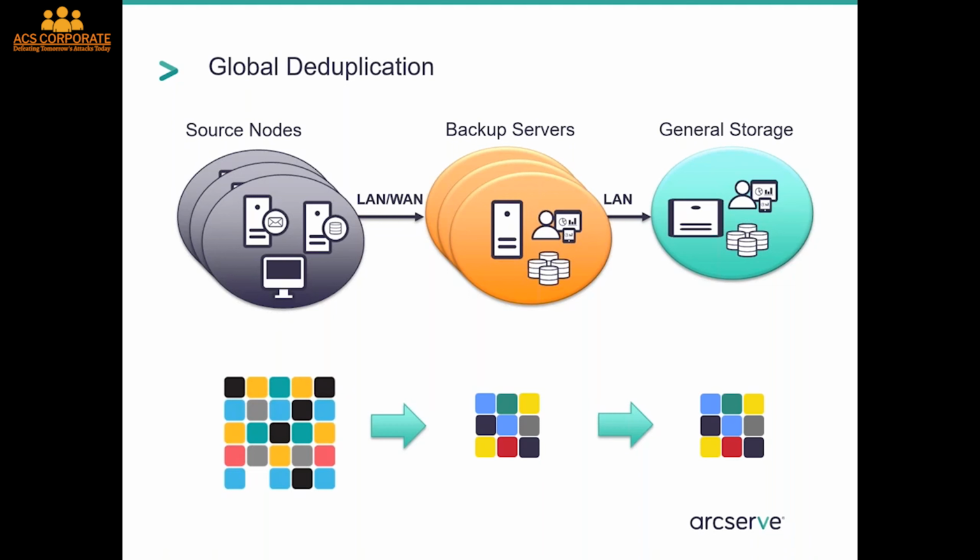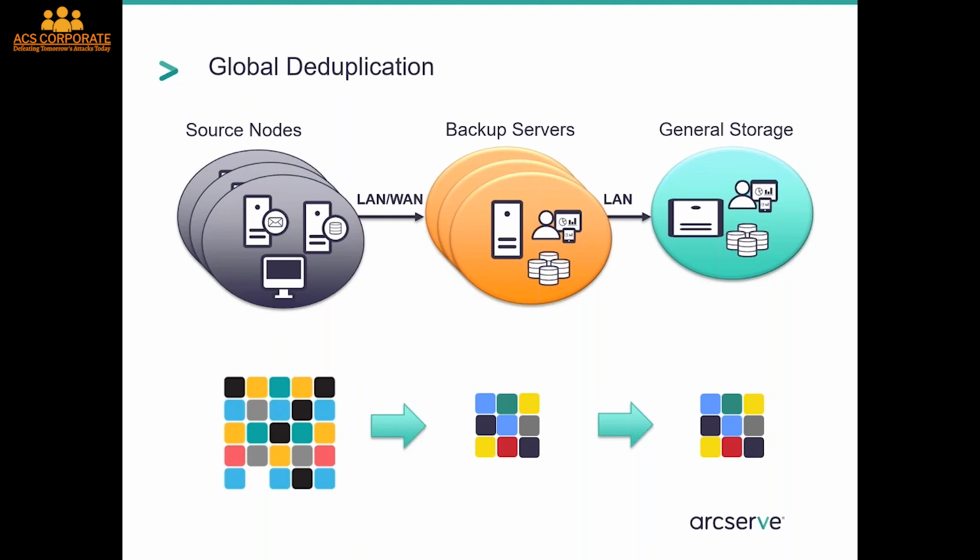And global dedupe is the most effective way to deduplicate the data, because you're globally referencing the data coming in from multiple sources, and that will give you the highest data deduplication ratios overall. Also, because we're doing it at the software level, we're writing significantly less data to the backup server, so your backups will run very quickly over the network because it's only pulling the unique data.